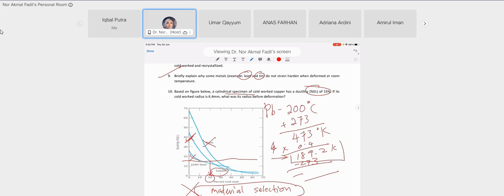Meaning that after the cold working process, you have 15%. The final one is the wire: before it enters the size is big, after it comes out the size is small. So this one is 6.4 mm and this one is X mm.